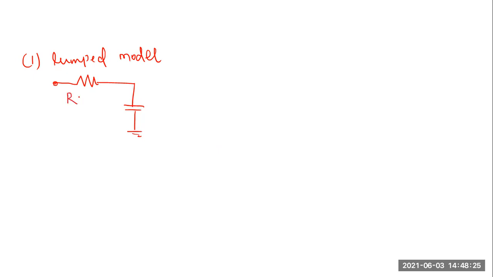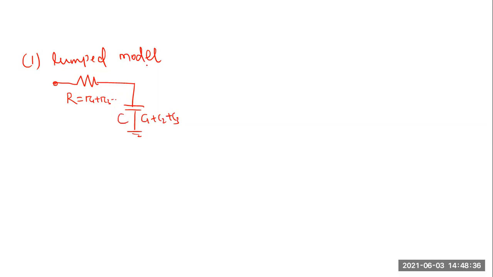So the first one is the lumped model, which is one resistance and one capacitance. This resistance R is a combination of all, R1, R2, R3 like that, and C is C1 plus C2 plus C3 like that.